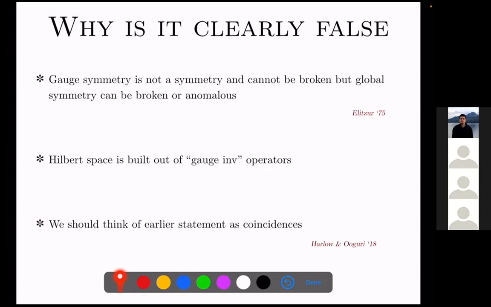Let me mention this because it was a point of confusion, at least for me when I was younger. We say the Higgs mechanism breaks the gauge symmetry, but actually that's not true. If you look at the computation, you actually fix the gauge, and then use a gauge field to eat the Goldstone, and this is already a procedure of gauge fixing.